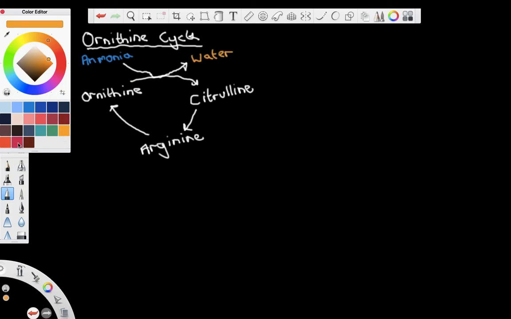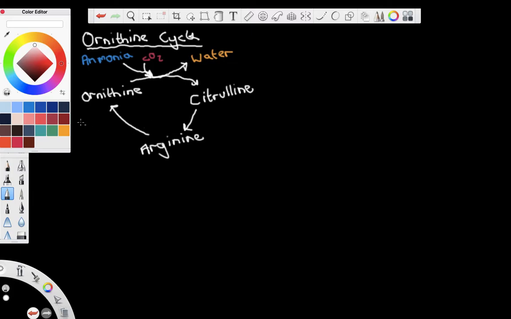Okay? So we're also adding carbon dioxide. I'm going to put there CO2, add our arrow in. So we're adding ammonia and carbon dioxide to ornithine with removal of water to make citrulline.